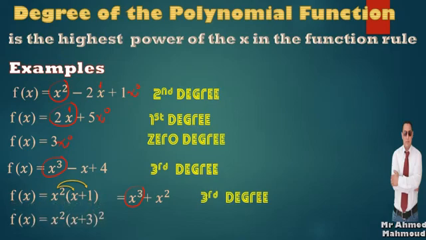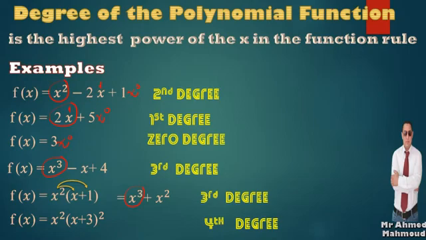Okay, if I have x power of 2 times, after expanding this bracket, the biggest x will be x power of 2 because this bracket has power 2. X power of 2 times x power of 2 equals x power 4, then this one is of the fourth degree. Okay, then what's the meaning of the degree? The degree is the highest power of x.